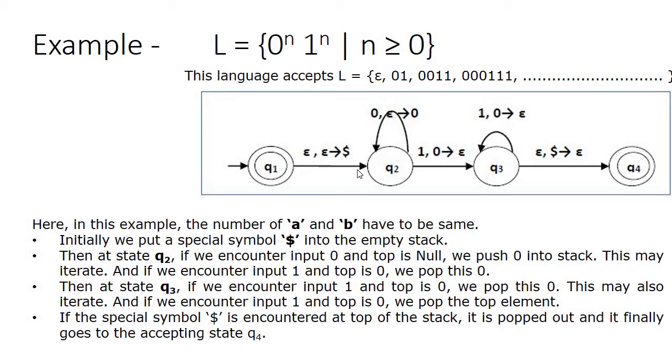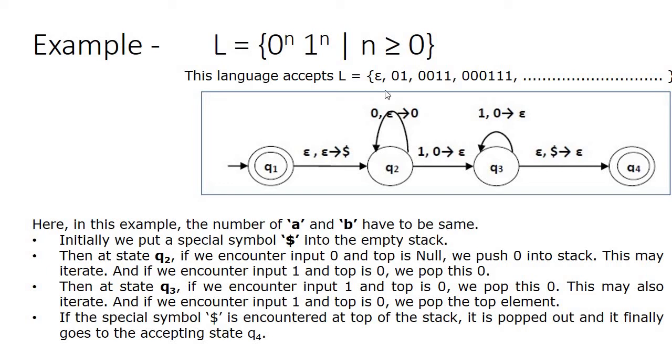In the first transition, we are reading nothing and simply placing the dollar on the stack top. So it acts as the end marker or the special stack symbol, which defines the emptiness of the stack. So we are simply placing the dollar in the beginning.